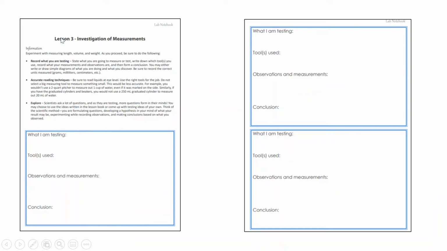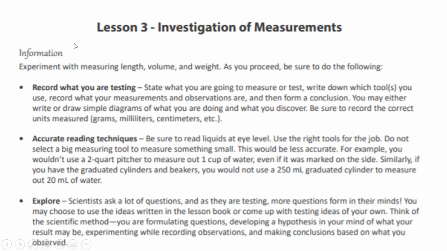So I want you to pull out your lesson 3 investigations of measurements, and we're going to go through that right now so we can do this together. Lesson 3, investigation of measurements. Information. Experiment with measuring length, volume, and weight. As you proceed, be sure to do the following.